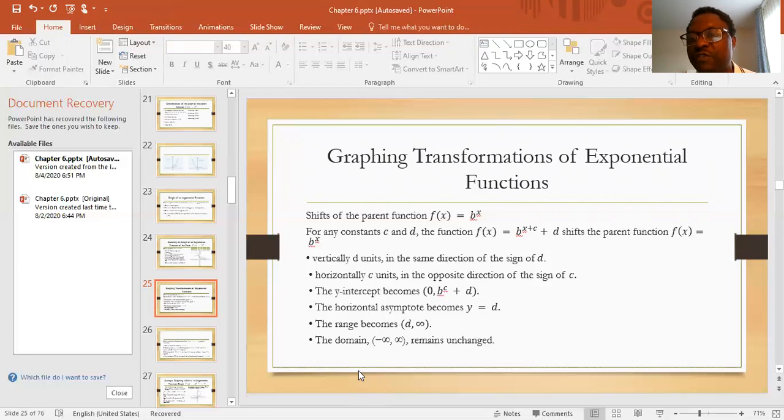Remember what we did in shifting functions. And the y-intercept becomes (0, b raised to c, plus d). The horizontal asymptote is d.